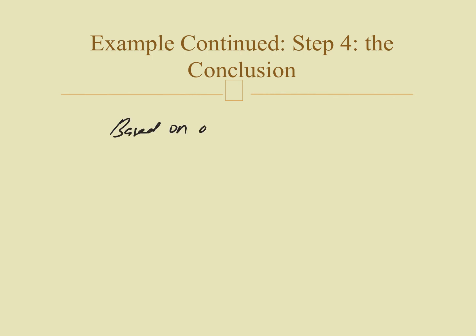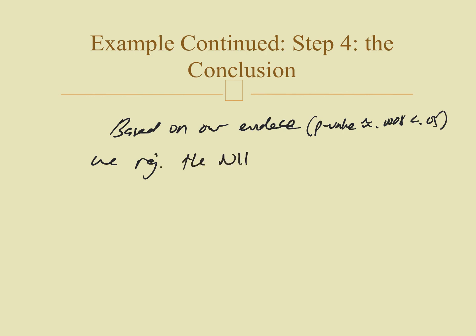Based on our evidence, p-value approximately 0.0008, less than 0.05. We reject the null hypothesis. And it's always good to write out null hypothesis, but I'll save you that here. So there is evidence, and then we just restate HA. You can literally copy what you wrote for HA at this point.